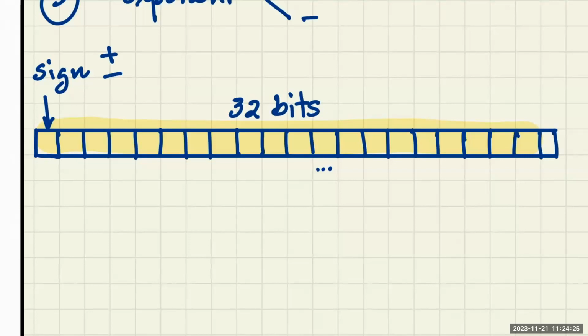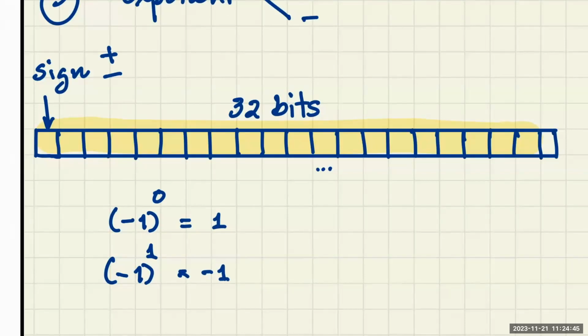People think: -1 to the power 0 is 1, and -1 to the power 1 is -1.